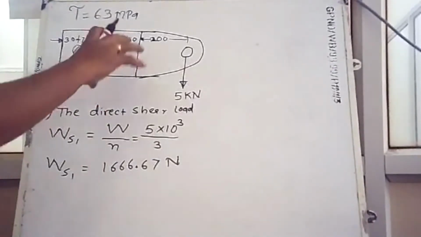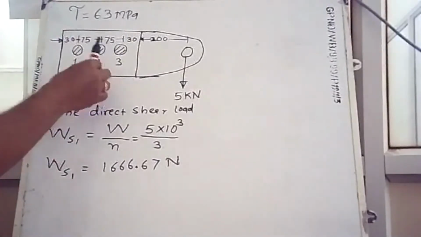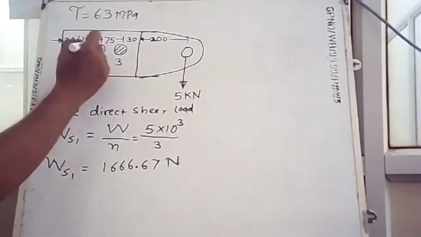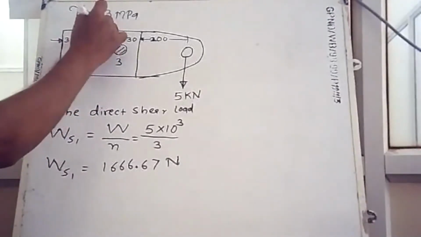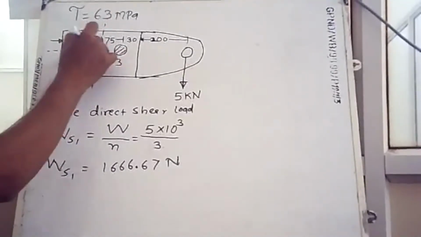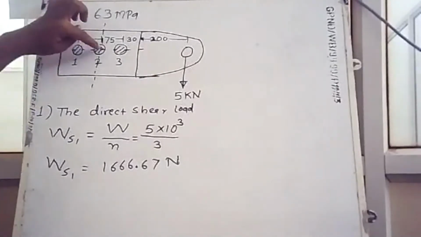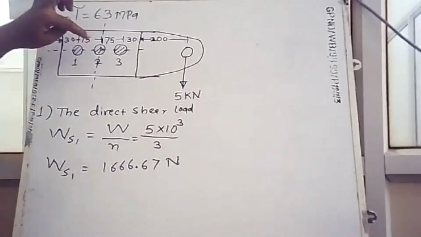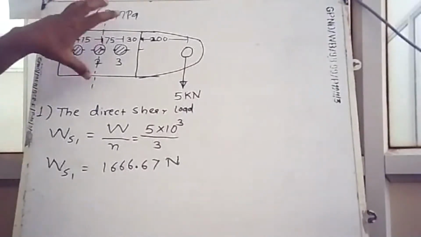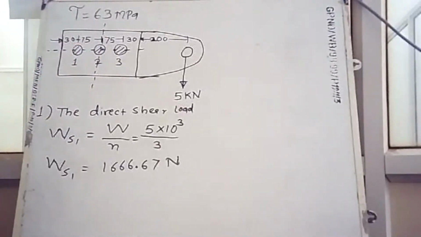The second load is a turning load. Because of the turning, as we can see, there are 3 bolts, and the three bolts are symmetric about this point. The center point of bolt 2 is the CG of the complete plate, and the plate is going to turn about this point.